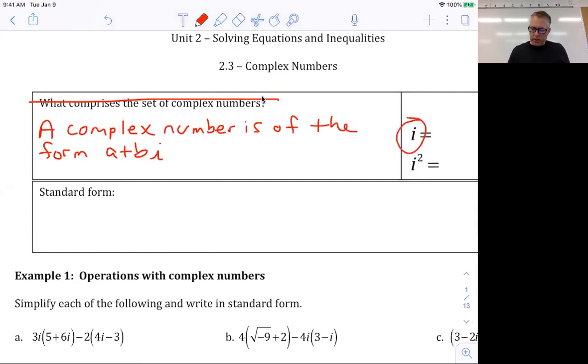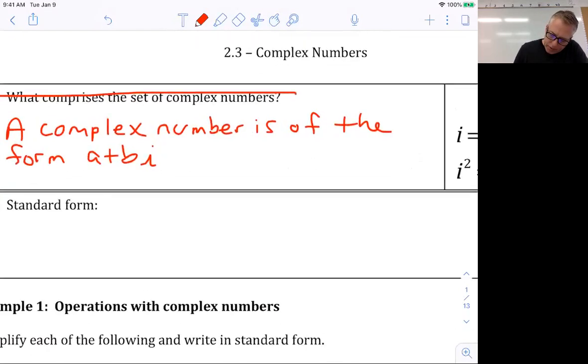It typically is written cursive or italicized either way. It typically is written that way because that stands for the imaginary part of the complex number. So a complex number is of the form a plus bi, where a and b are real numbers.